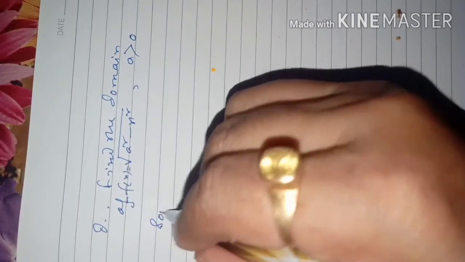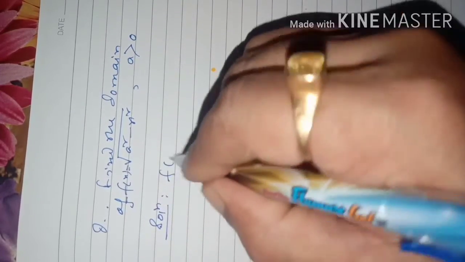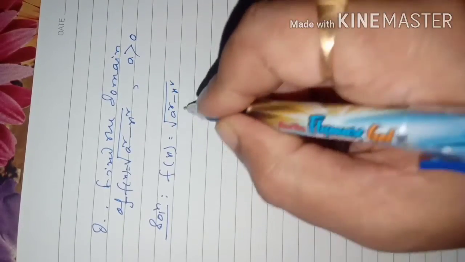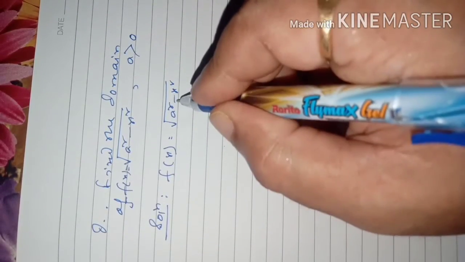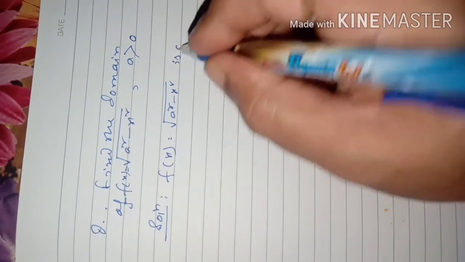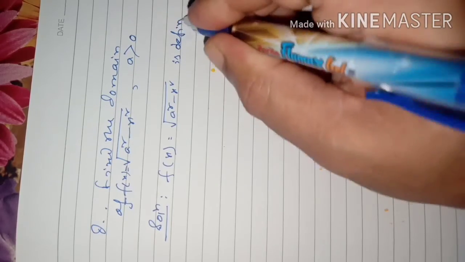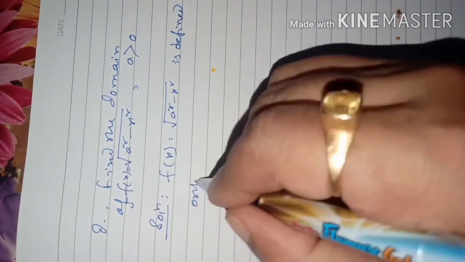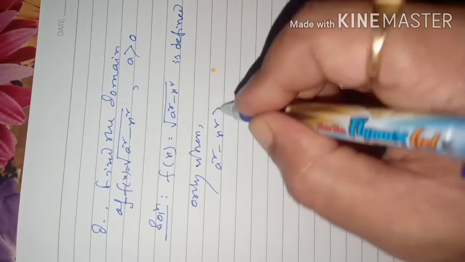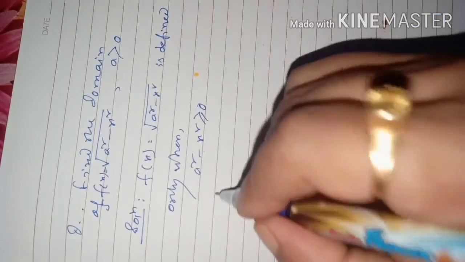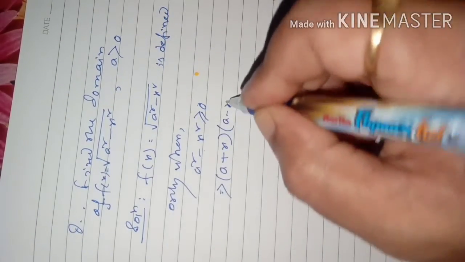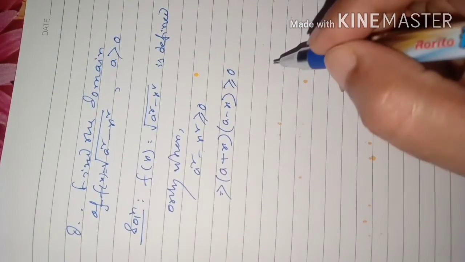For the domain, as you know, it is a square root function, square root of a square minus x square. This whole thing under the root should be greater than or equal to 0. So it is defined only when a square minus x square is greater than or equal to 0. So from here, a plus x into a minus x should be greater than or equal to 0.